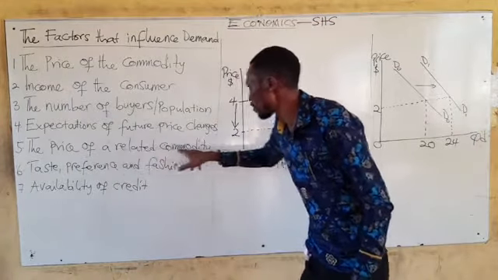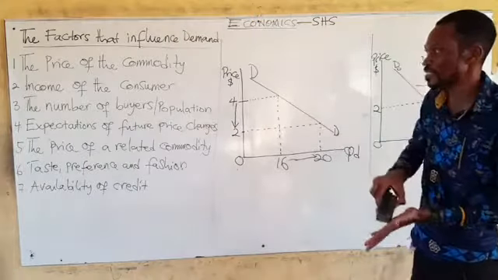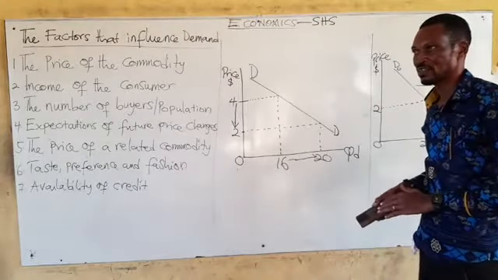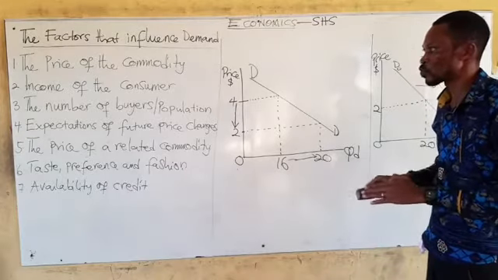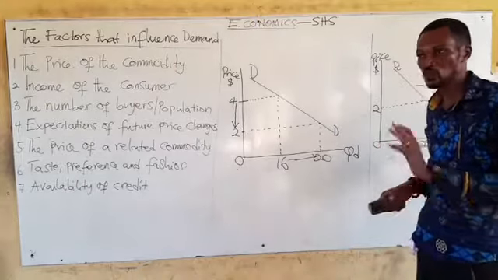The price of a related commodity. Commodities are related in 2 ways. They can be complements and they can be substitutes. If the commodities are substitutes, it means that they serve the same purpose. They do the same thing.